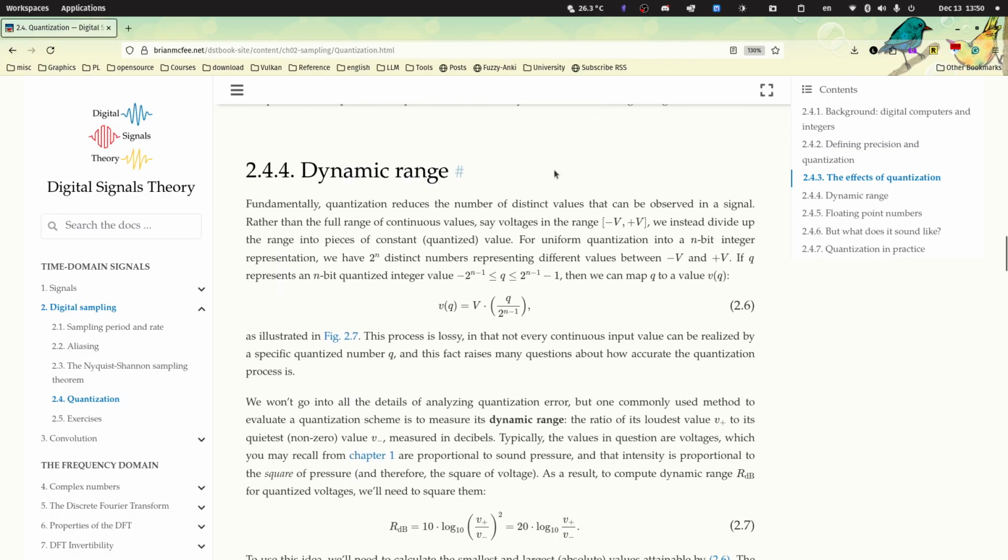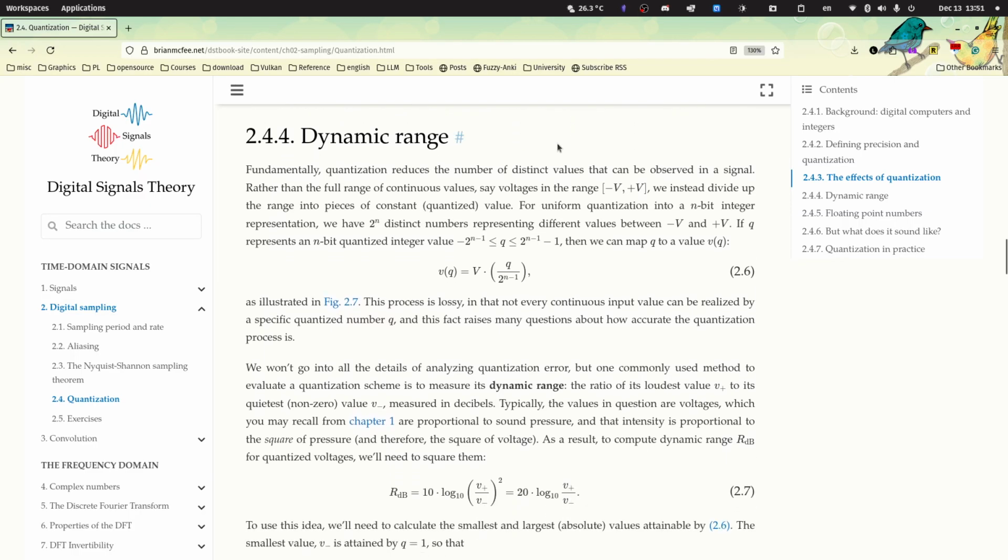Dynamic range. This is actually a concept I don't know. Despite hearing about HDR all the time, I don't know what this means, so let's see. Quantization reduces the number of distinct values that can be observed in a signal, rather than the full range of continuous values.